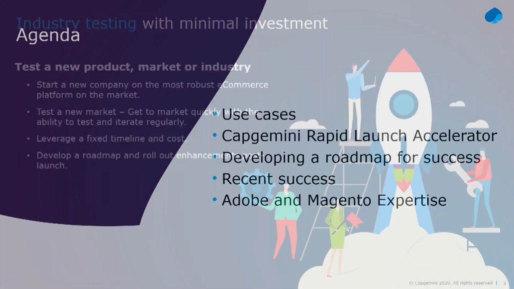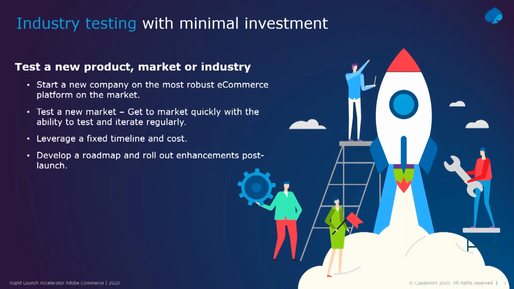So in terms of use cases, there's a lot of things you can do with this, but it really allows you to test an industry with a minimal investment. You can test a new product, or a new market. Say you want to go internationally, you can test internationally or test a new industry.